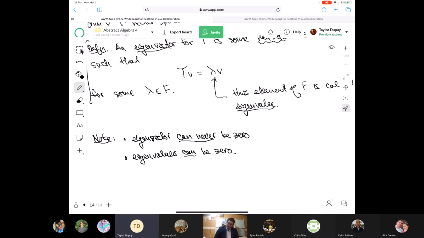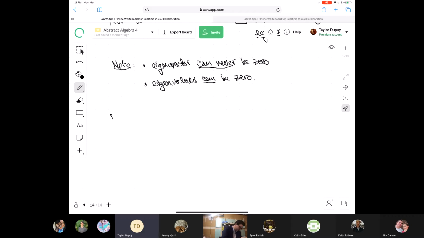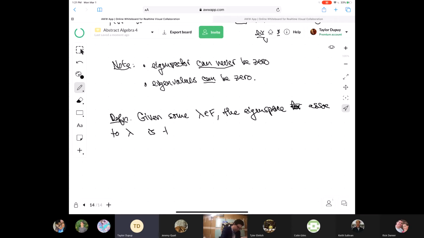Definition: given some lambda in F, the eigenspace associated to lambda is the subspace V_lambda, the set of v in V such that Tv is lambda v.